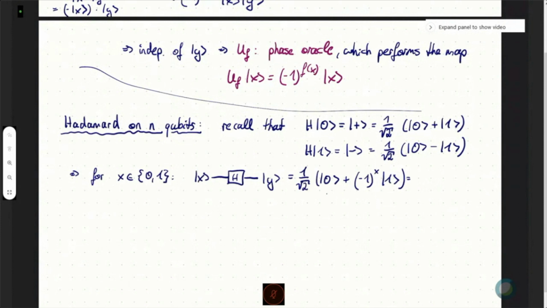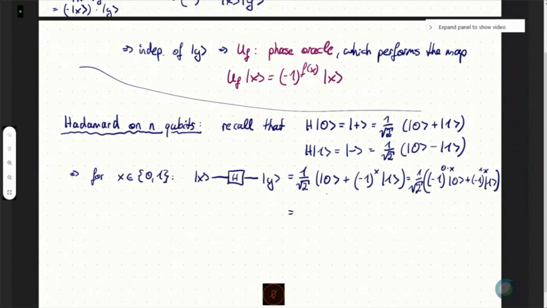Now we can rewrite that again, which might seem silly now, but you will see why we're doing that. 1 over square root of 2 times minus 1 to the power 0 times x times 0, plus minus 1 to the power 1 times x times 1. That's just the same as before. I'm just adding this weird 0 times x plus 1 times x.